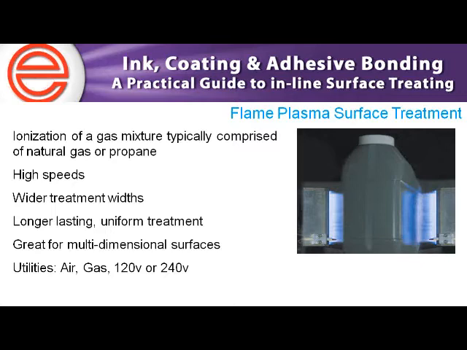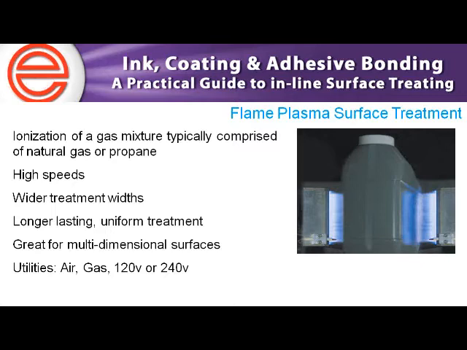It's also very long lasting, so while we always recommend that you treat as soon to your bonding process as possible, if you do have a situation where you do need to treat and have it longer lasting, flame plasma is probably going to be a good application for you to look at. And one of the most important parts as to why you'd look at a flame plasma system is that it can treat multidimensional surfaces.